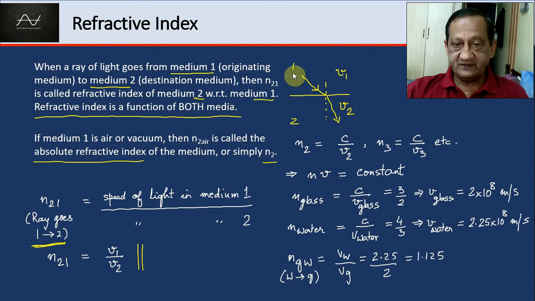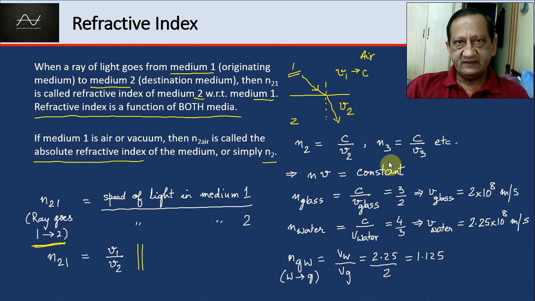Now, if this is air, then for air, this v1 will be c. The speed of light in air is nearly equal to the speed of light in vacuum, and that is called c, which is a universal constant. Then, in such a situation, when medium 1 is air, N21 will be called simply N2, which is the absolute refractive index of medium 2.